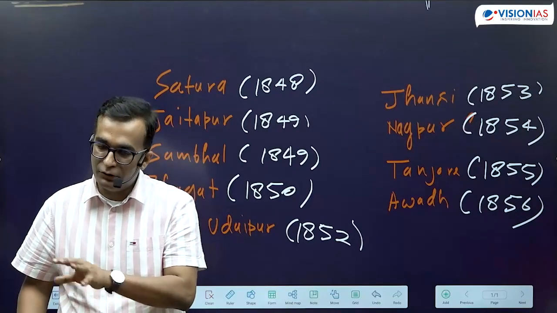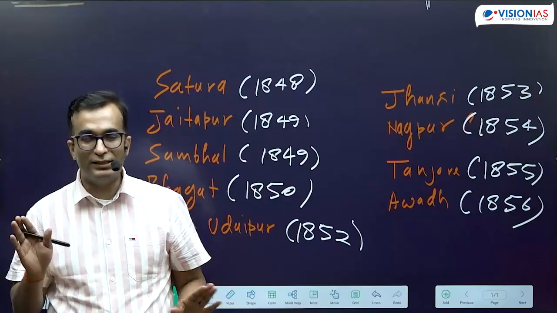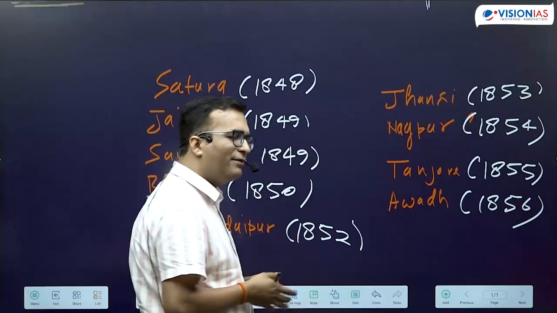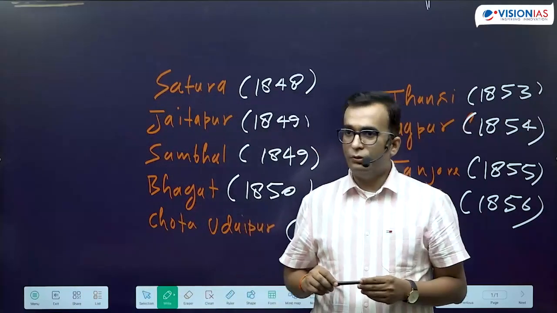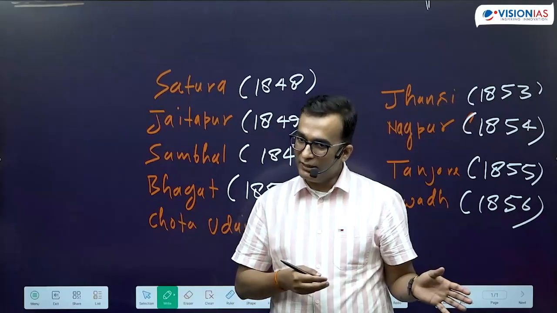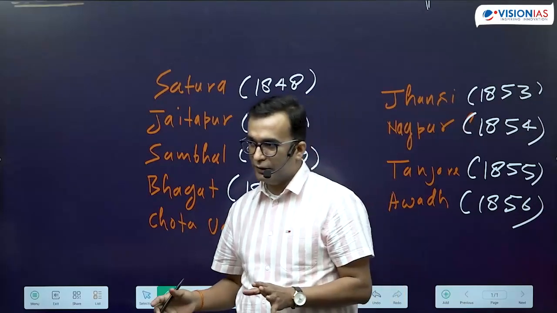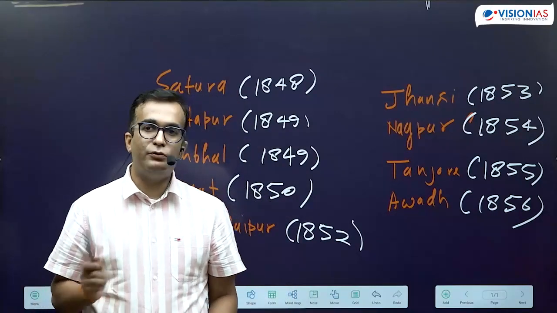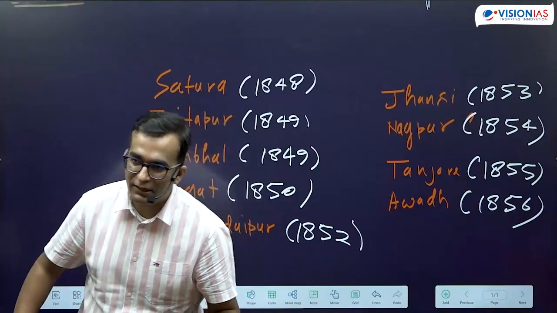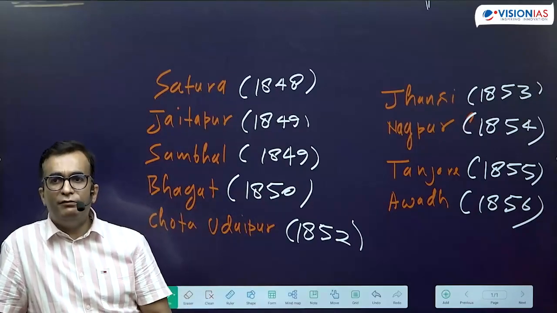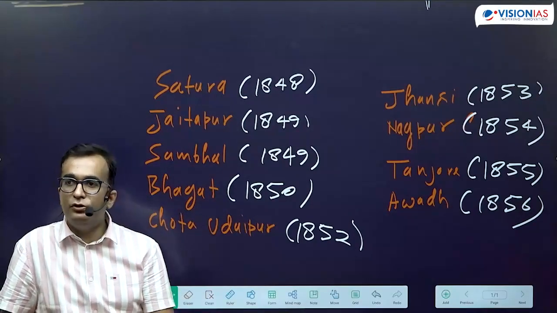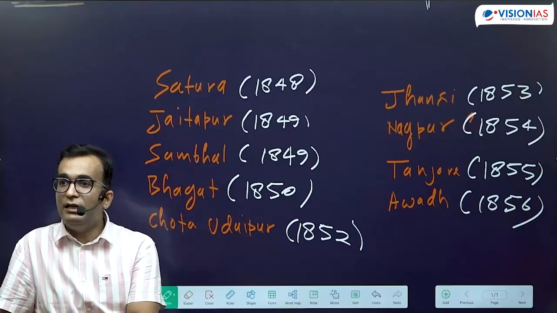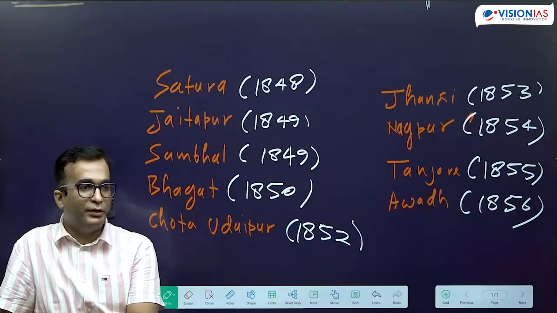Just start with the course of revolt, just understand how it all started. The immediate factor we already discussed was the rifle episode. ठीक है? उसी की वजह से सब कुछ start हुआ. So when did it start? Actually it was in February 1857. For the very first time this new rifle was introduced in the 19th Native Bengal Infantry at Berhampur.